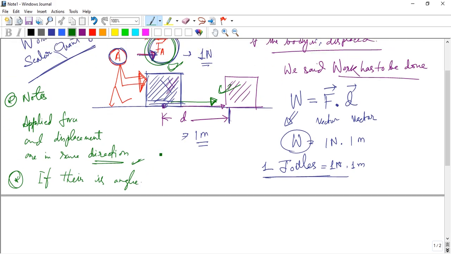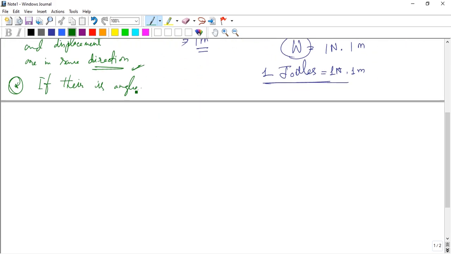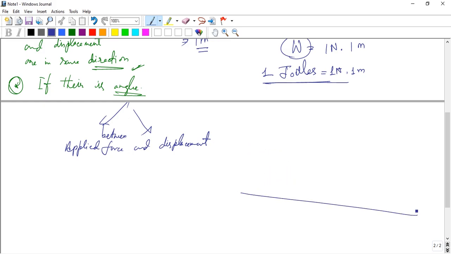The angle between the applied force and the displacement. Suppose I draw a diagram. It's a rough drawing, and that is a straight line.